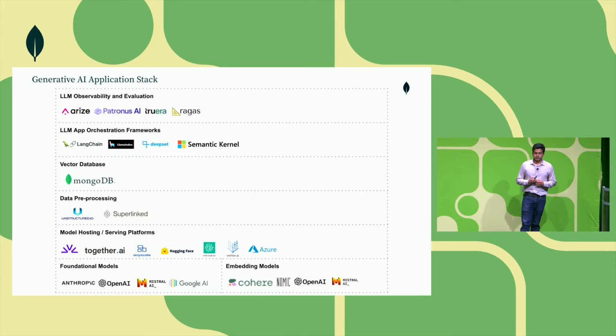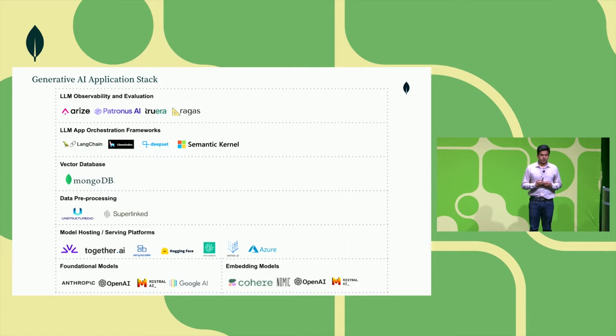Starting from the bottom, you have foundational models. There are these amazing models from Anthropic, OpenAI, Mistral AI, and Google has a bunch of models, and this is a restricted list. But these are some of the leading model providers. With embedding models, we see some amazing embedding models from Cohere, Nomic, OpenAI, Mistral.